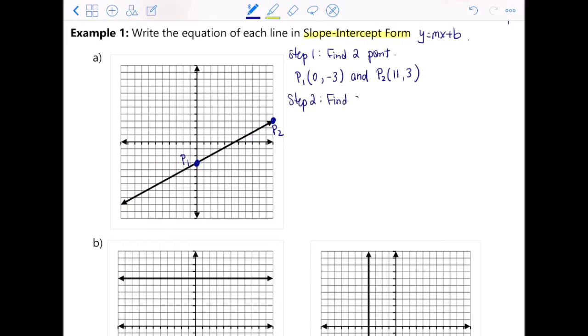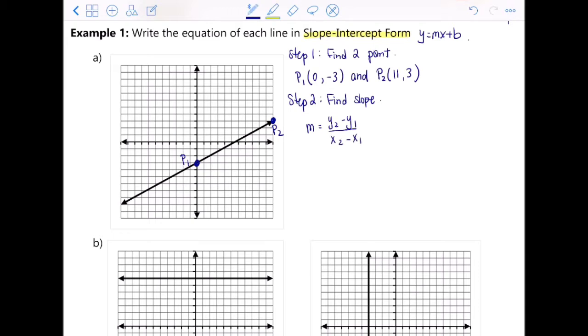Step 2 is to find the slope. We have the formula for slope, (y2 - y1) over (x2 - x1), from the previous section. So all we have to do is match the ones.